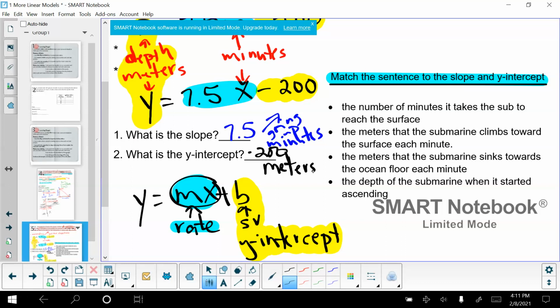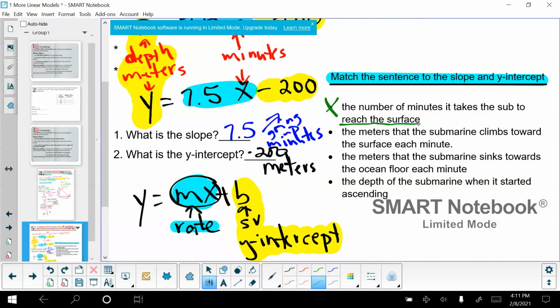It doesn't have the numbers in there, but we can still interpret it. So one of them might be the number of minutes it takes the sub to reach the surface. Well, neither the slope nor my y-intercept, the way I have them labeled, is talking about reaching the surface. So I'm going to say, nope, it's not that one.